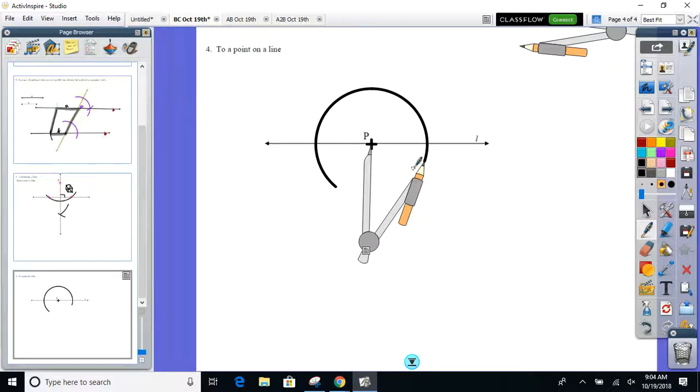Open up your compass a little wider. Go to each point of intersection now on the line and draw your 2 arcs. But remember, those 2 arcs have the same compass opening.